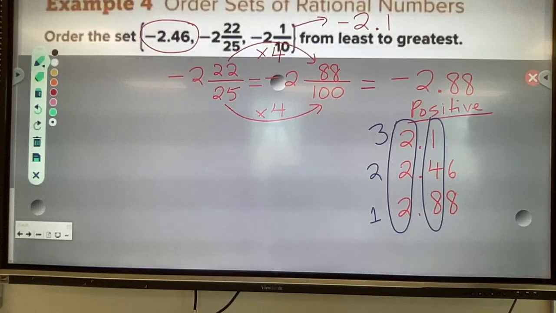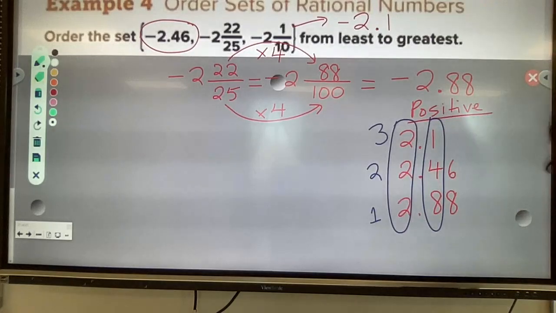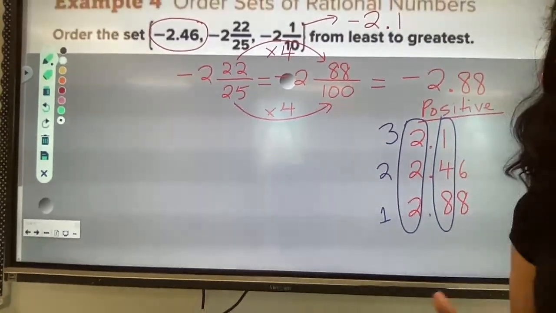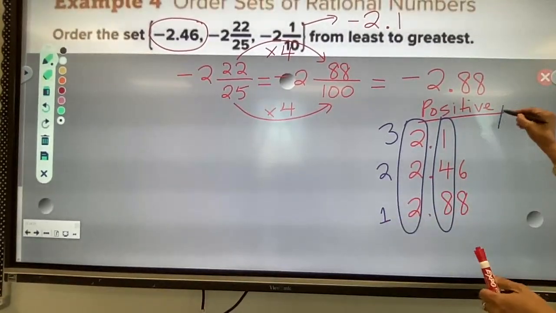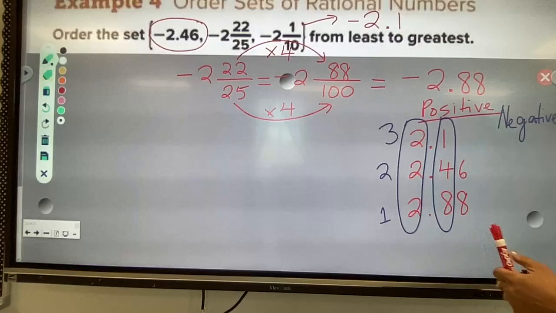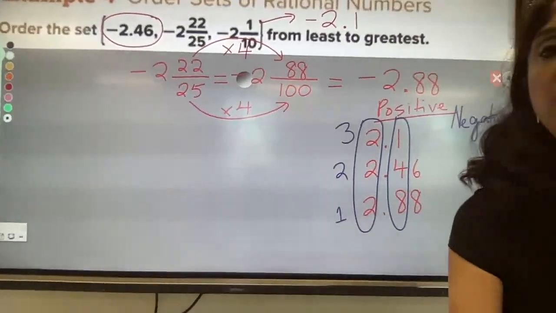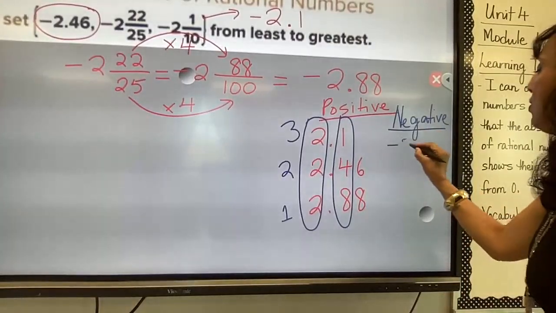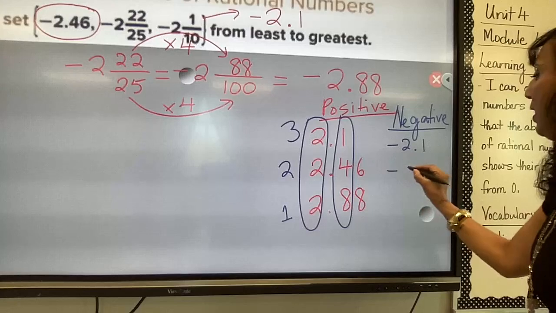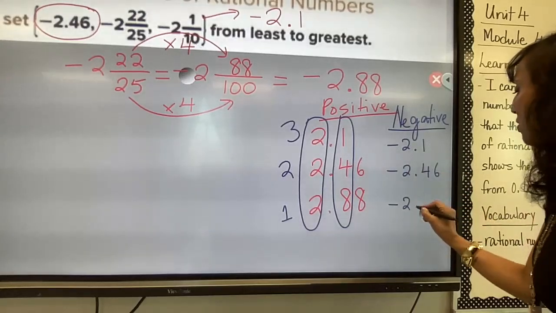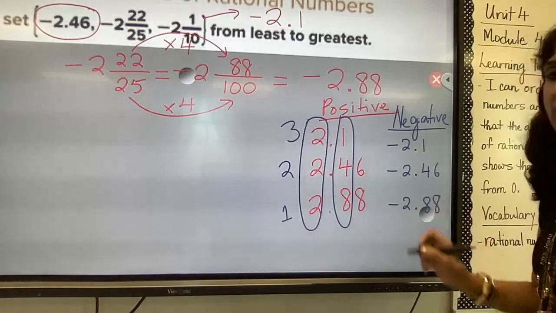All right. Now let's look at what happens when all of these turn into negative. If it changes into negative, guess what? The order is going to completely flip. So we have negative 2 and 1/10, negative 2 and 46 hundredth, and negative 2 and 88 hundredth.